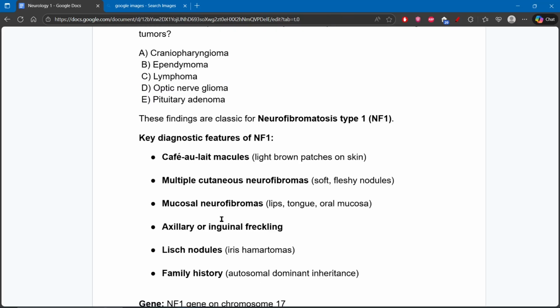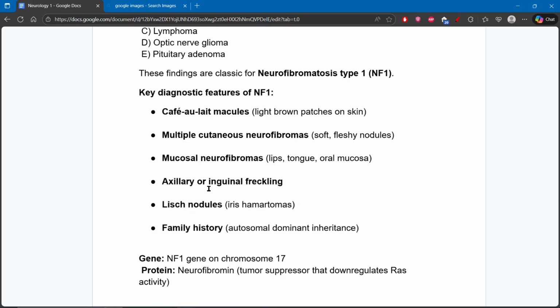These cutaneous nodules are the multiple cutaneous neurofibromas. These are basically soft, fleshy nodules. So there are neurofibromas on the mucosa, and there are also some neurofibromas on the skin and other parts of the body, not specifically on the mucosa. So those are cutaneous neurofibromas, and the ones that are present on the mucosa are the mucosal neurofibromas.